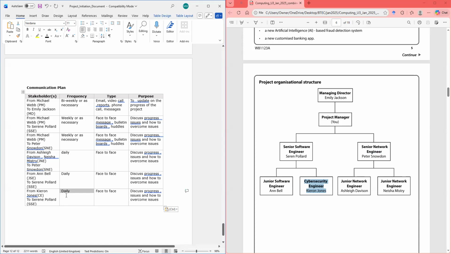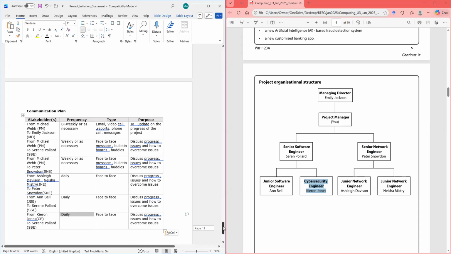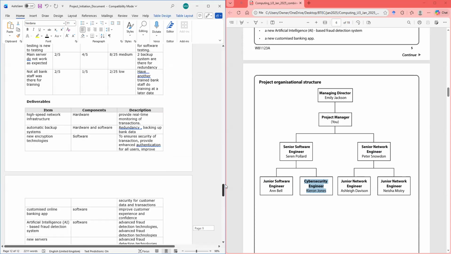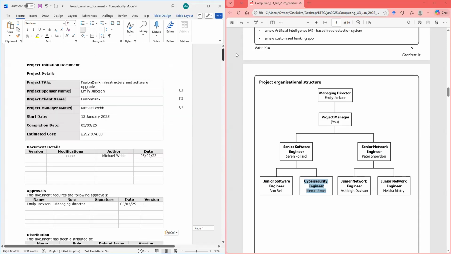And we have our communication plan. And guys, that would be the end of it. It's pretty easy. All you have to do is just think, go into the exam with a plan, and you should be all right.